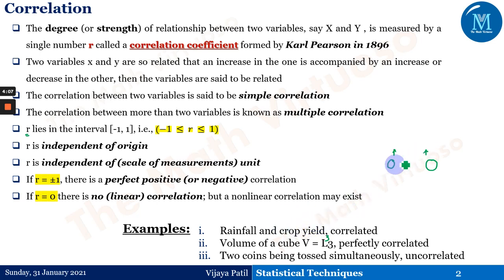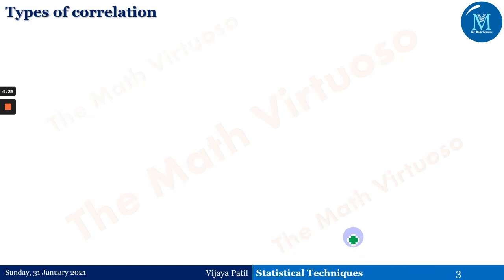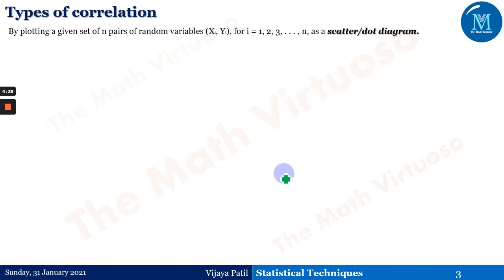That means whatever head or tail comes up on the first coin will not have any influence on getting head or tail on the second coin. That is the reason they are uncorrelated, right? So this is the example of uncorrelation, wherein the first and the second examples show us correlation. Okay, now what are the types of correlation?